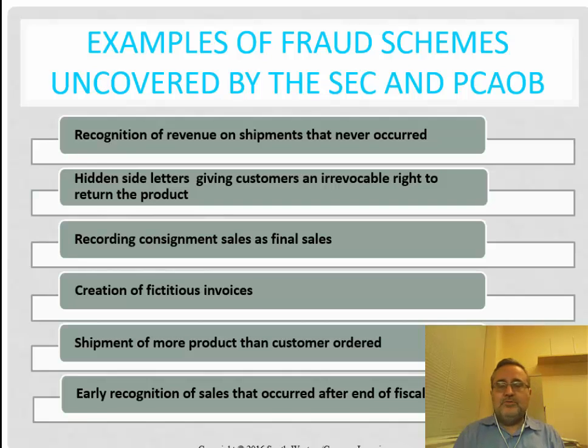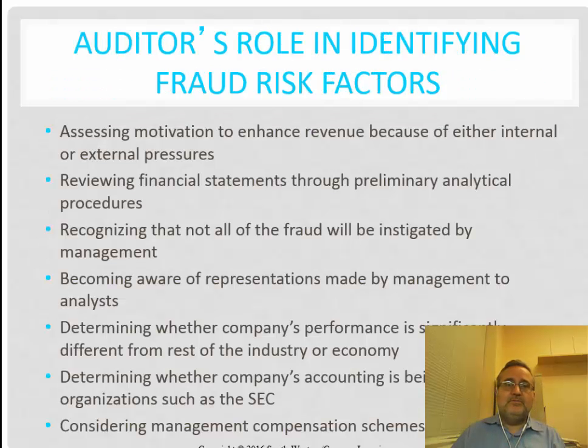This relates to what we were talking about before, where it's possible that within the supply chain there are customers that are considering it's very possible or easy to return the product if in fact they're not able to sell it. Recording consignment sales as final sales, somewhat related to the earlier issue. Creation of fictitious invoices, shipment of more product than the customer ordered, early recognition of sales that occurred after the end of the fiscal period.